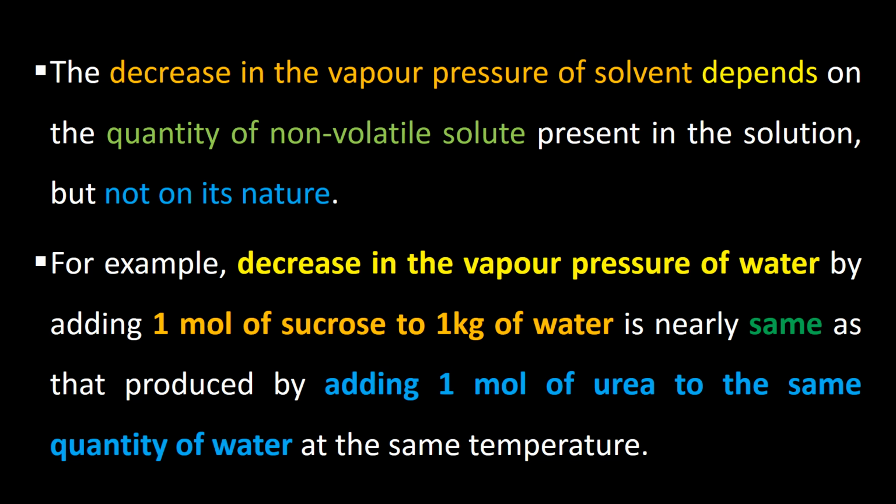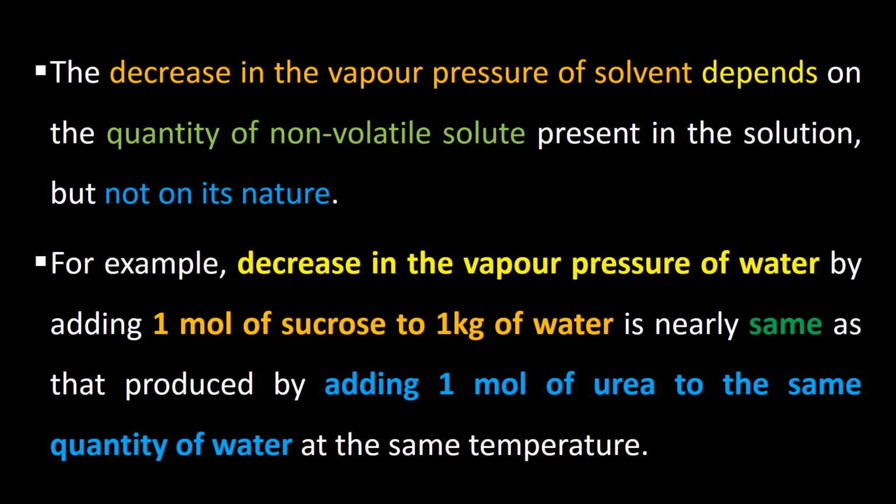For example, the decrease in the vapor pressure of water by adding 1 mole of sucrose to 1 kg of water is nearly the same as that produced by adding 1 mole of urea to the same quantity of water at the same temperature. Here, if you observe carefully, the amount of solute added is the same.